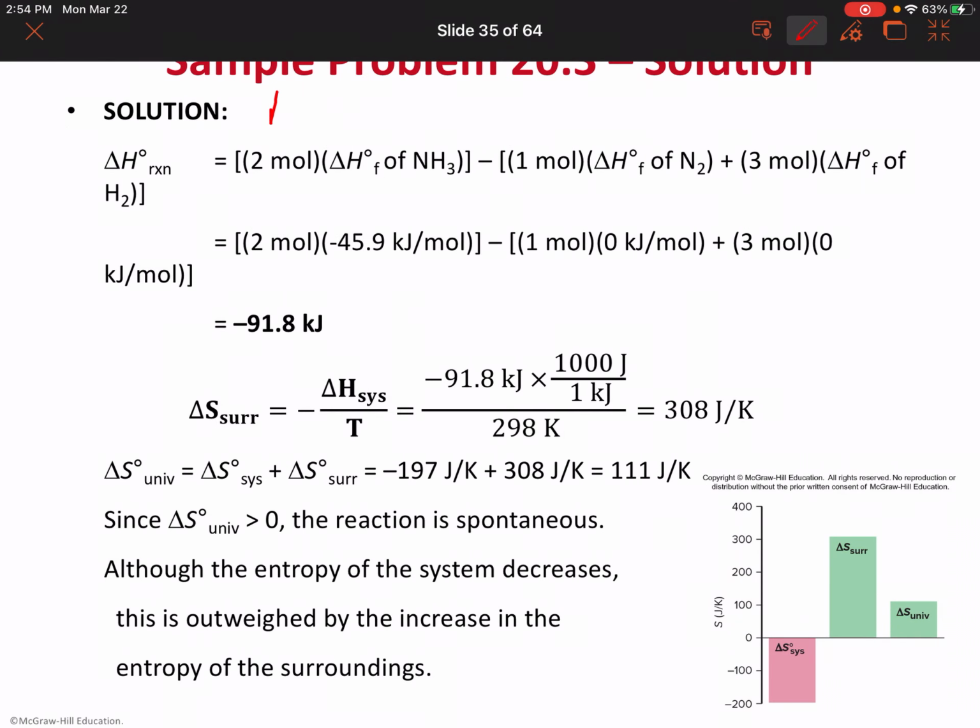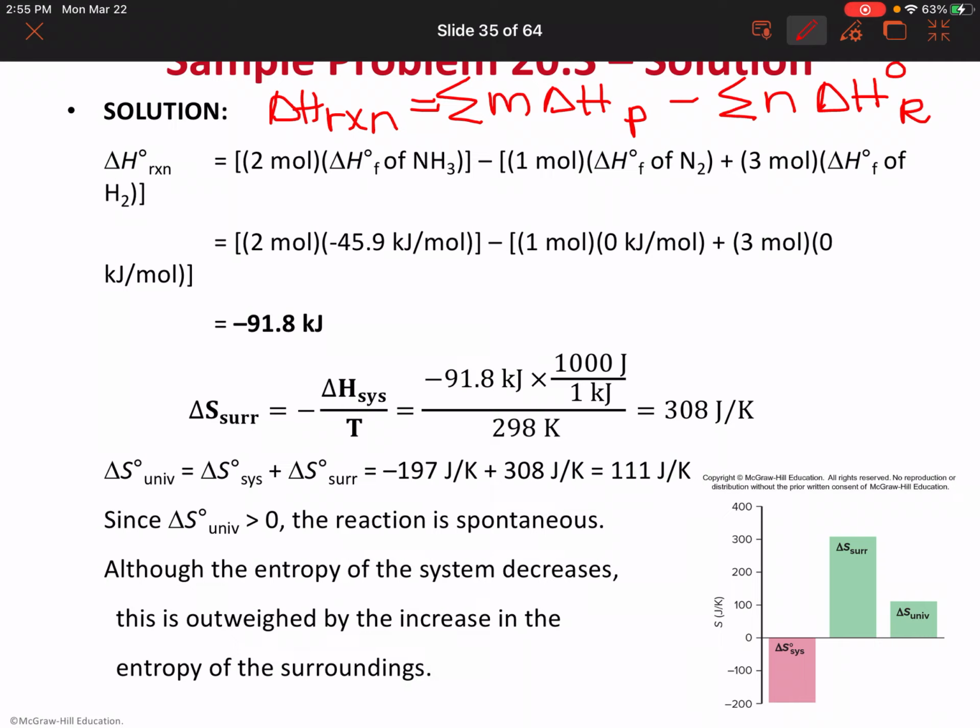Delta H for a reaction also is the sum of all the delta H values for the products minus the sum of all the delta H values for the reactants, standard enthalpies. Just like we calculated the standard entropy for the reaction, we can do the same thing for the enthalpy. We did this in fact in our Chem 1.